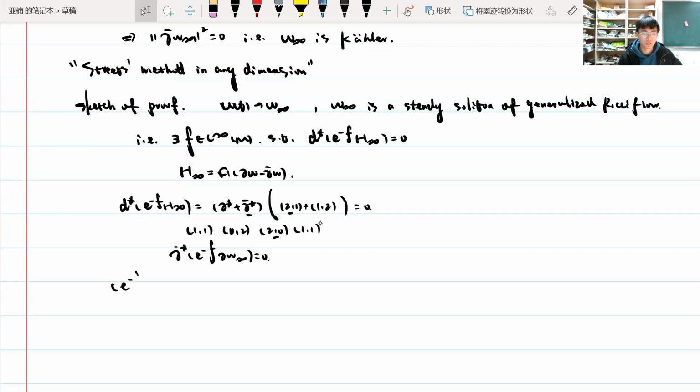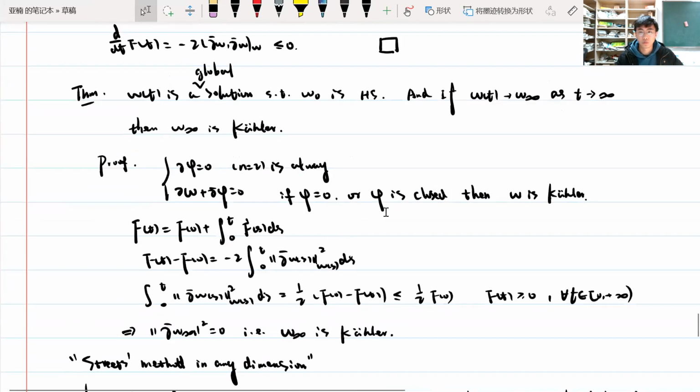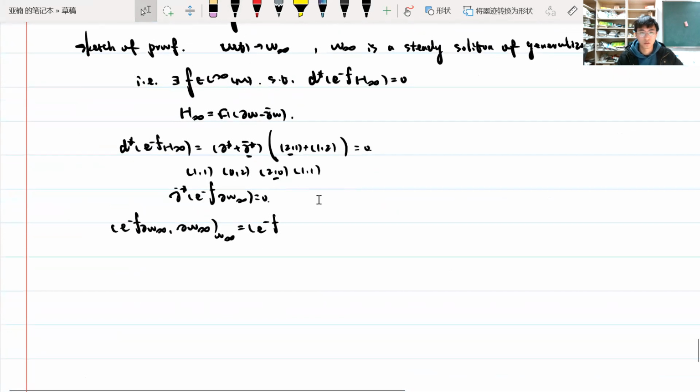And then we consider the norm, the weighted norm. Because the initial condition is Hermitian symplectic, we assume it is Hermitian symplectic. So the limitation is also Hermitian symplectic.